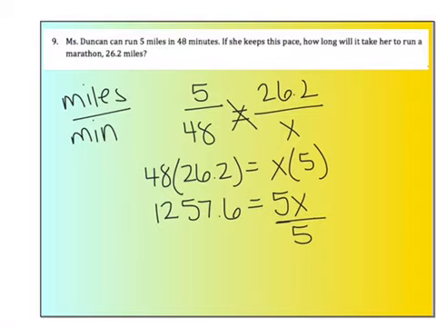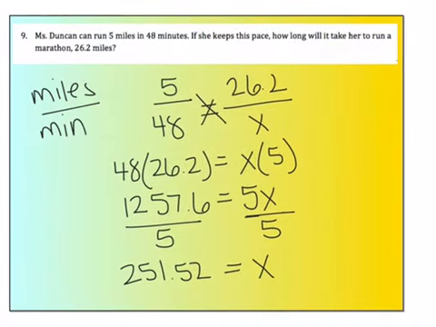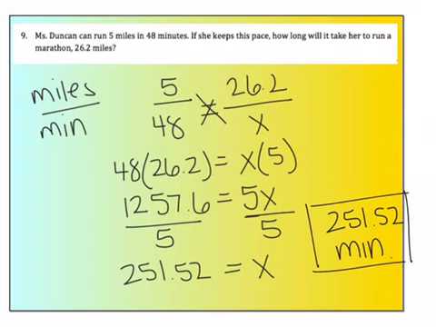So I have to divide by 5. Go ahead and use your calculator, and you should get x equals 251.52. So my answer is going to be 251.52 minutes. If you wanted to convert that into hours, you could, but I would just accept this as your final answer as well.